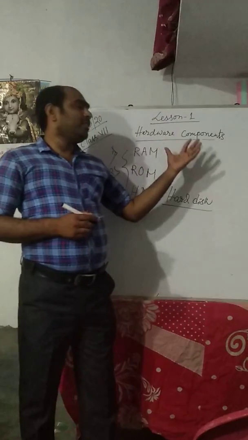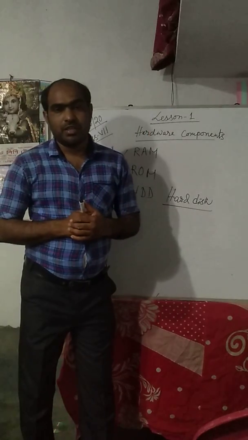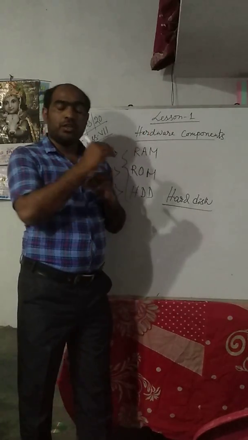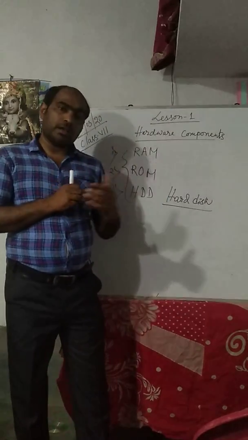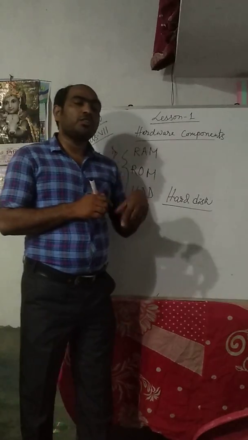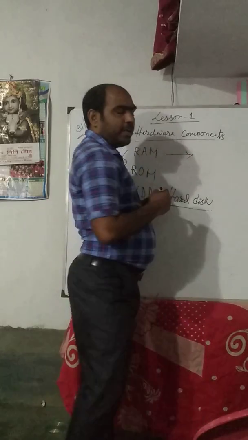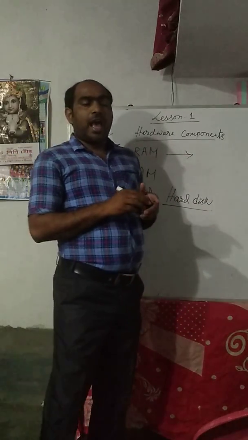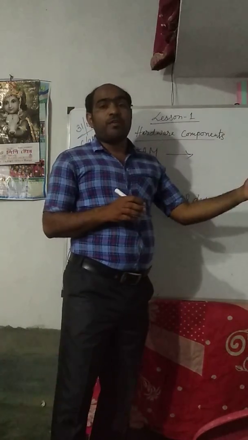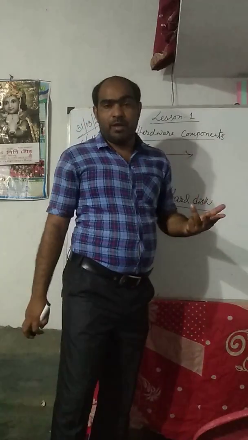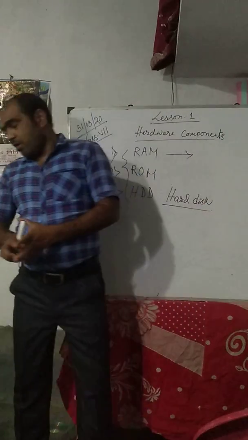Actually, RAM did not store it in the computer system. That's why we say RAM is a temporary device, and we call this device volatile memory. Now today I will show you the RAM.